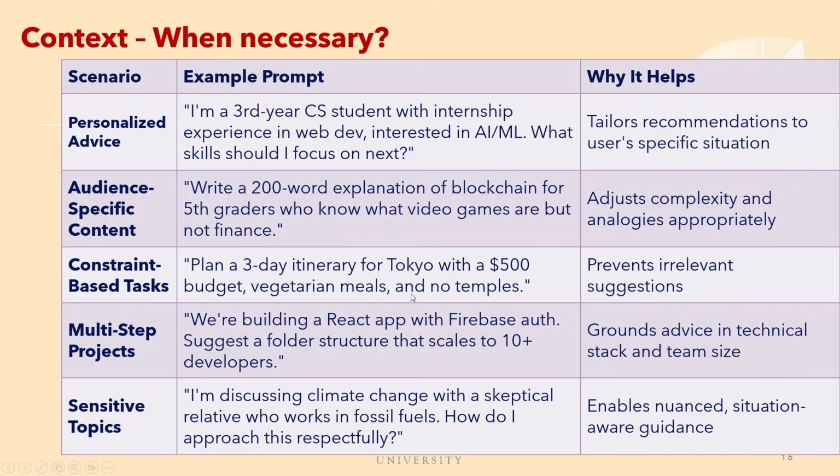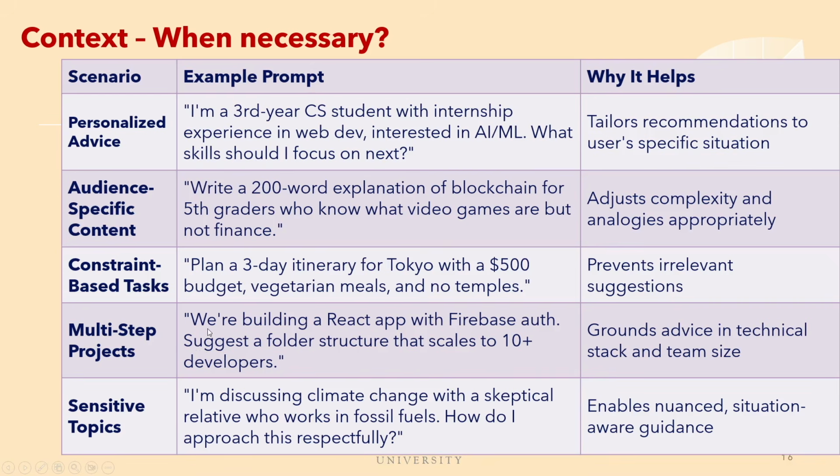If no temples or vegetarian meals were not given, the AI would give multiple suggestions. Giving these constraints would restrict those values. Again, the fourth example, multi-step projects: we are building a React app with Firebase authentication, suggest a folder structure that scales up to 10 plus developers.